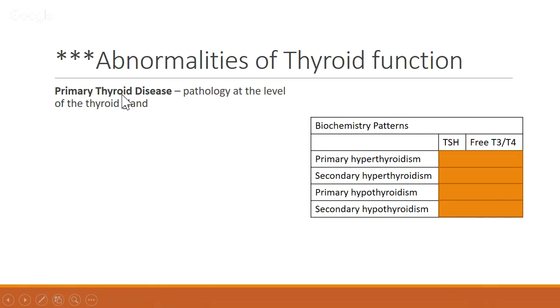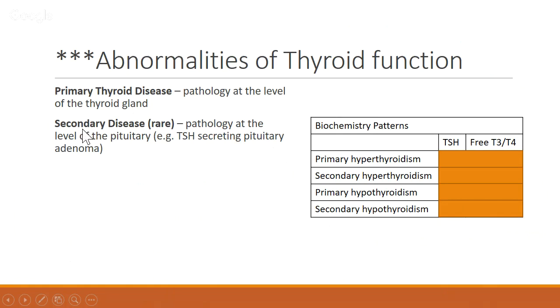Primary thyroid disease is pathology at the level of the thyroid gland itself, and this is consistent throughout all the endocrine systems. Primary organ disease equals pathology at the level of that organ, whereas secondary disease is pathology elsewhere. So in the case of thyroid hormone, it's going to be pathology at the level of the pituitary.